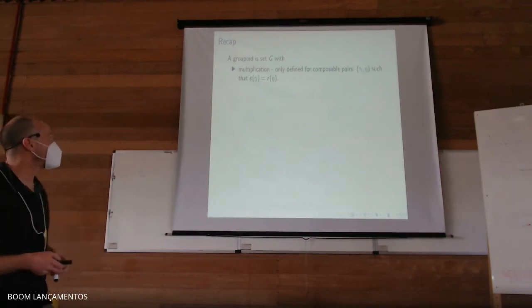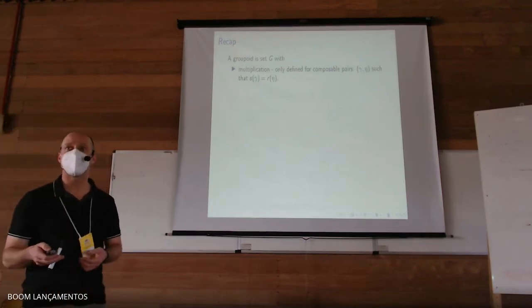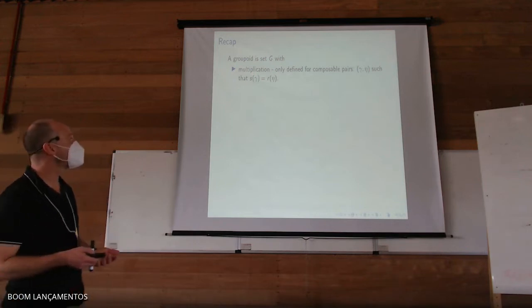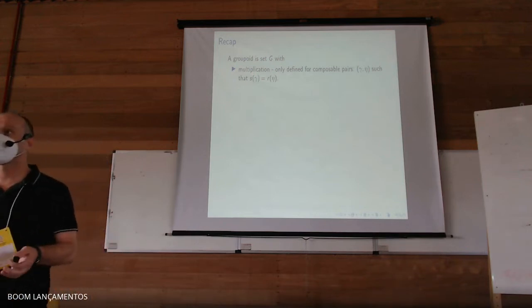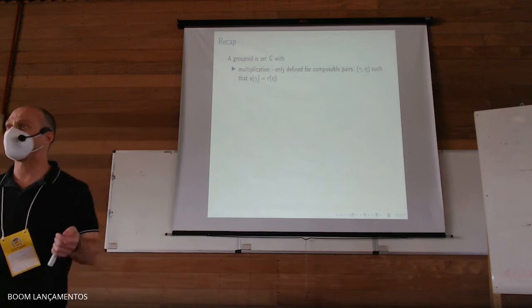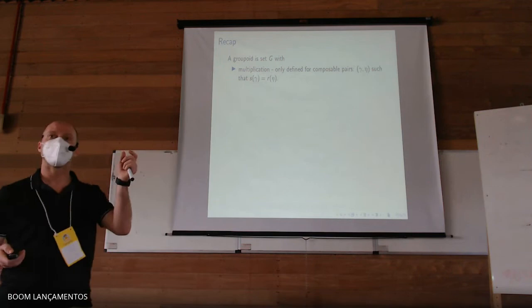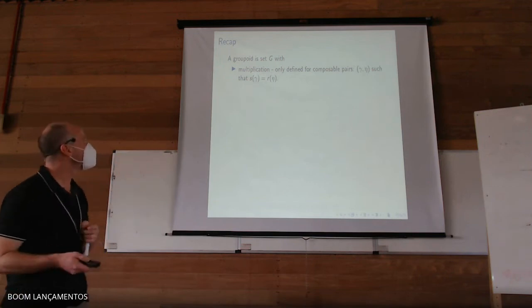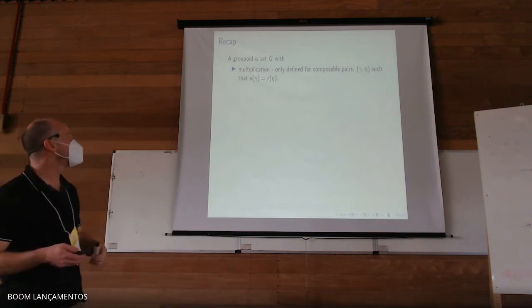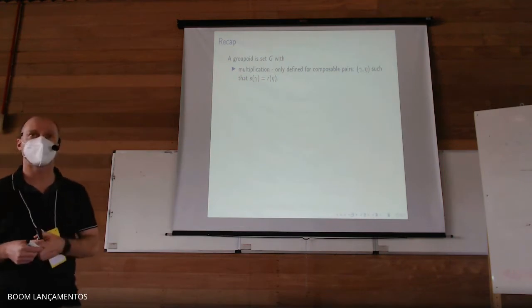A groupoid, we said, is some set with an operation called multiplication defined on it. But multiplication might not be defined for all elements, right? So we had this notion of a composable pair, meaning that we can multiply gamma and eta, and that's only possible if the source of gamma is equal to the range of eta.